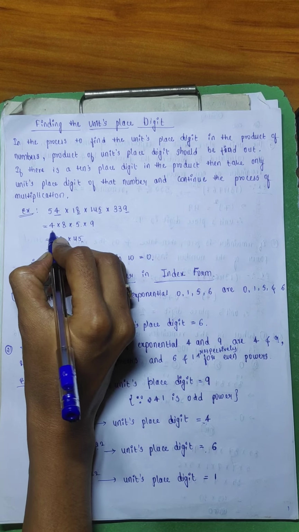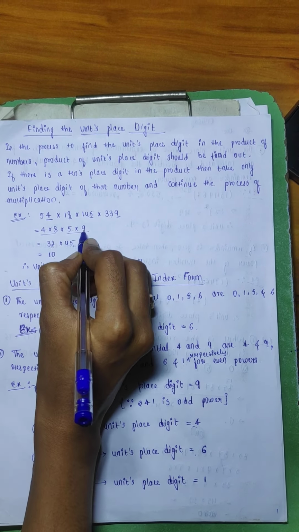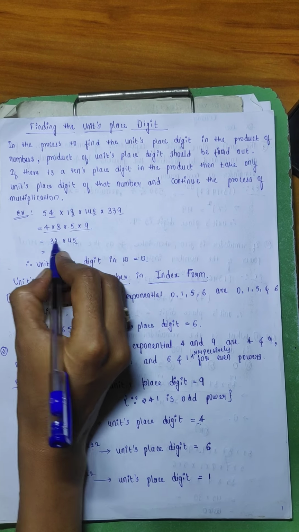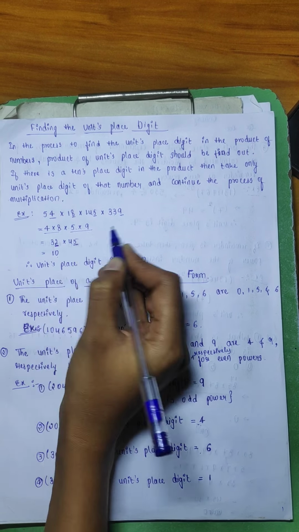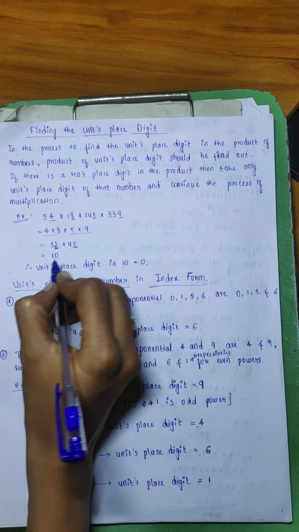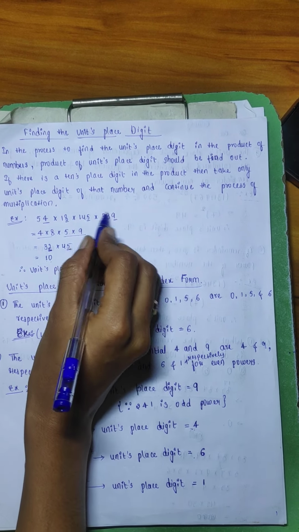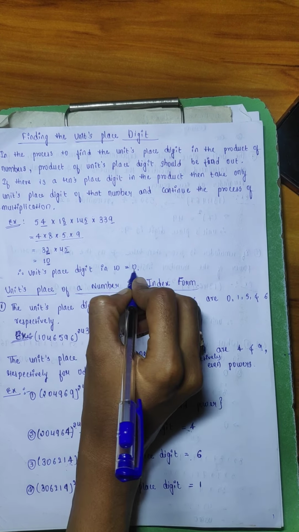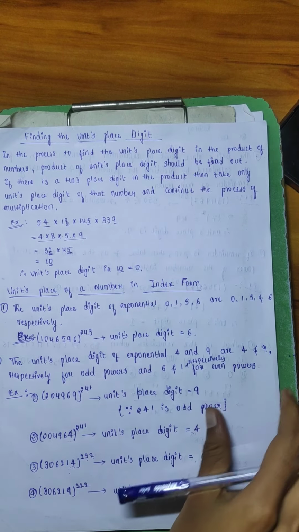Here, multiply 4 into 8, you will get 32, and 5 into 9, you will get 45. In these numbers again take the units place values, that is 2 into 5, you will get 10. Therefore, after multiplying the whole number, the units place digit that you will get is 0, since in 10 the units place value is 0.